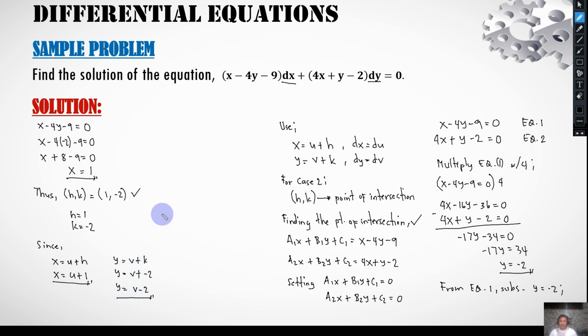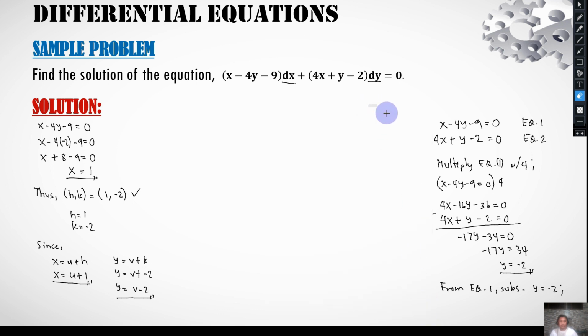Okay? So after this one, we are going to substitute, students. So we are going to substitute to this equation, to the given differential equation.